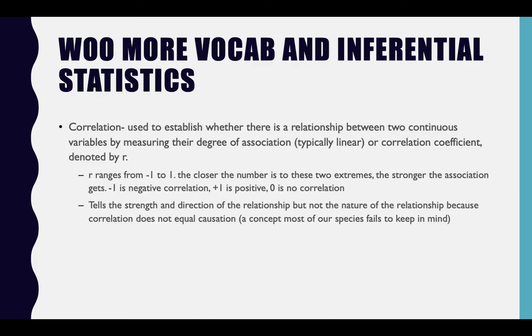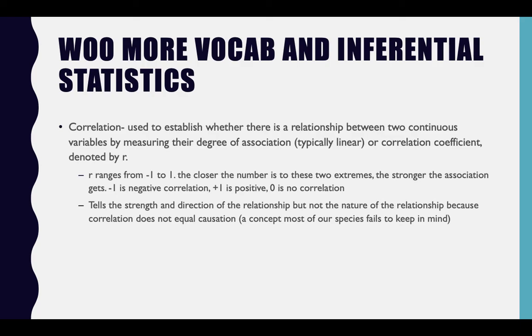It's not super important right now. Correlation is used to establish whether there is a relationship between two continuous variables by measuring their degree of association. It's typically linear, or correlation coefficient. That's denoted by lowercase r. Here's another one of these things where it's lowercase r, not uppercase. R ranges from -1 to 1.